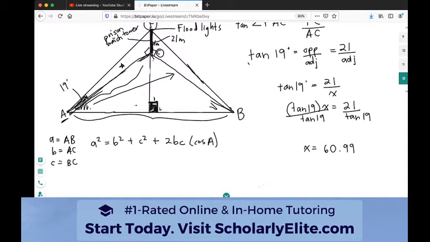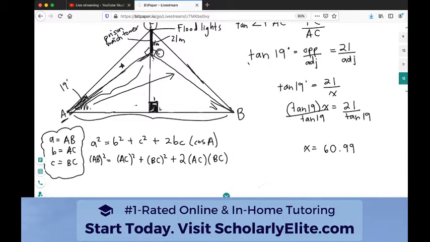So in this case, side length AB squared equals side length AC squared plus side length BC squared. Again, I'm just substituting based on my little legend that I've created for myself. You should always create one of these for yourself in scenarios like this and make sure that you're always using the correct substitution, plus 2 times AC times BC times cos of A. So do I know the angle A?